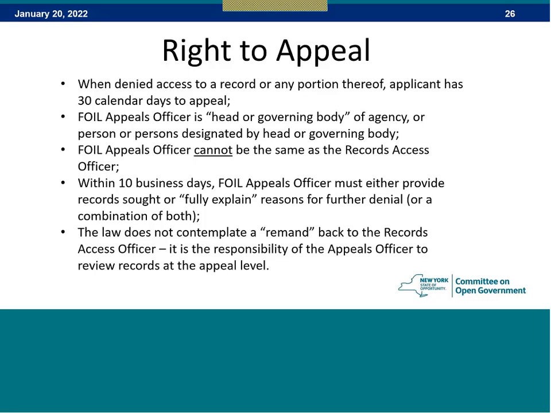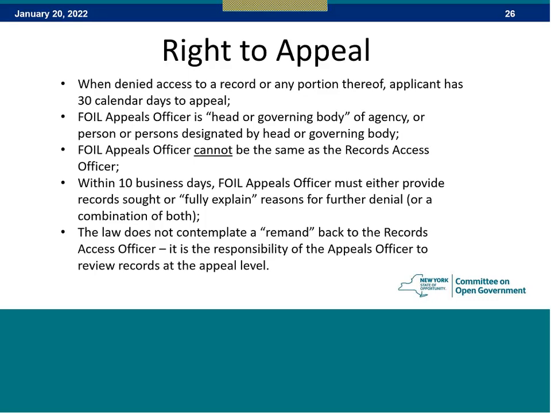Within 10 business days of receipt of an appeal, the FOIL appeals officer must either provide the records sought or fully explain the reason for further denial. And sometimes it's going to be a combination of those two situations. Perhaps the FOIL appeals officer agrees with part of the initial determination, but not all of it. So the appeal determination should reflect whether any records or additional records are being disclosed, and if they are all going to be withheld, or some of the records are still going to continue to be withheld.